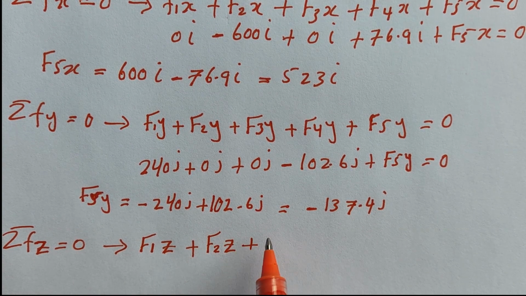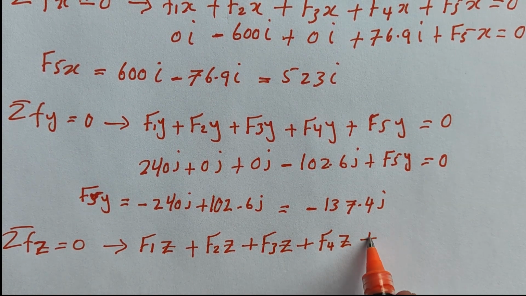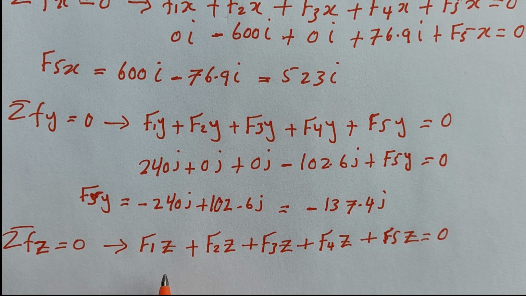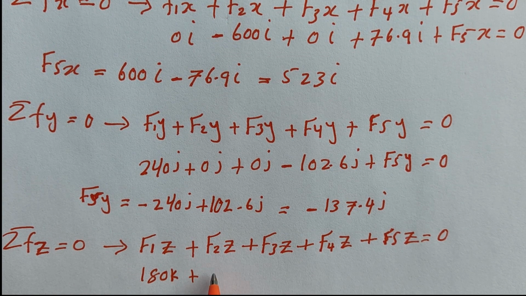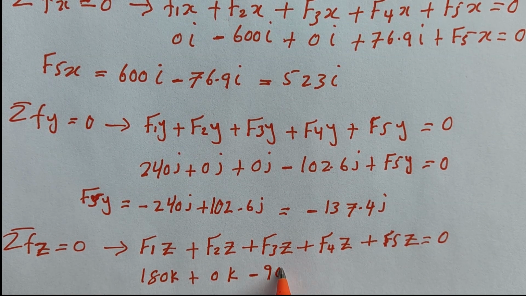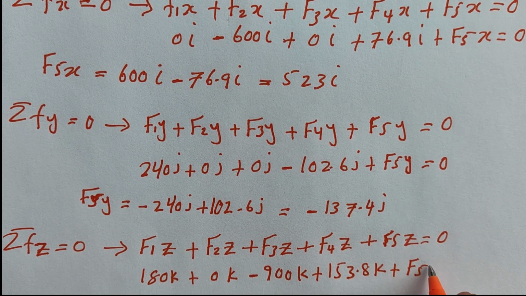Sum of the forces on the z-axis should equal 0, and again F1 on the z-axis plus F2 on the z-axis plus F3 on the z-axis plus F4 on the z-axis plus F5 on the z-axis, all of it should equal 0. Just plug in these values. That one here is 180k, plus 0k. For F3 here it's negative 900k, plus 153.8k, plus F5 on the z-axis.